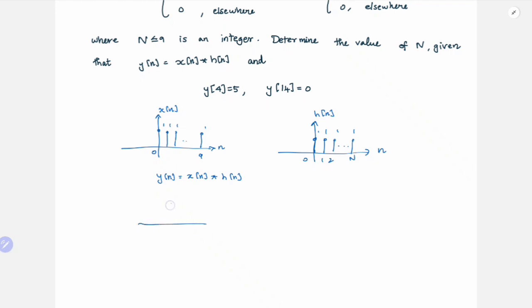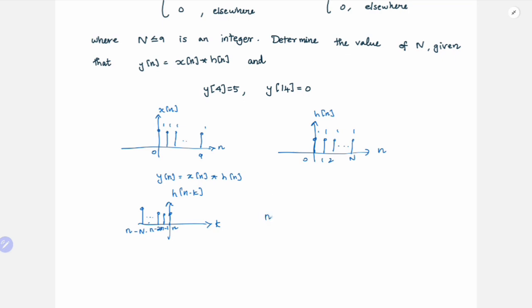I'll take my h of n minus k versus k. How will this look? My minus k will start from minus N, minus 1 and so on, and I'll have minus 2, minus 1 and 0. This is my h of n minus k, and if I have to get n minus k, I just put n here. So n minus 1 and this will be n. So now I can see where the overlap will come.